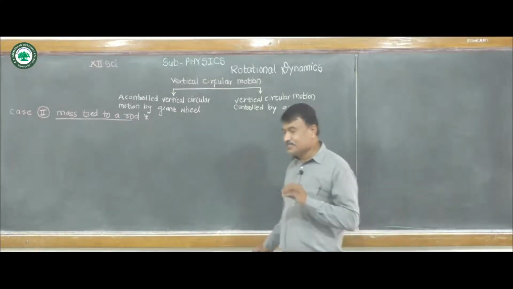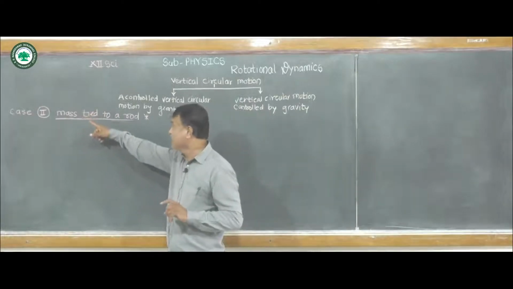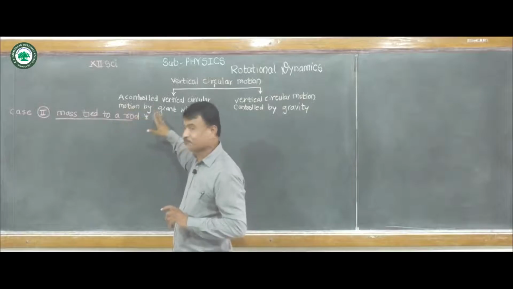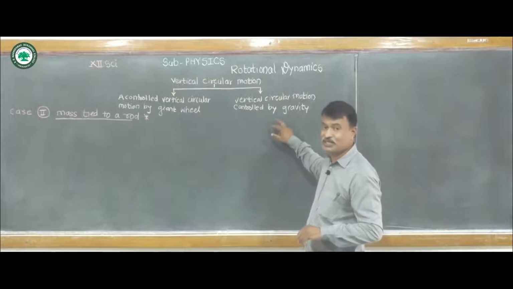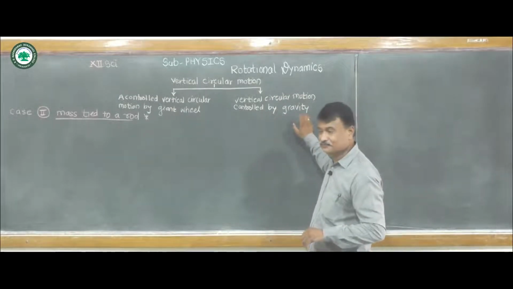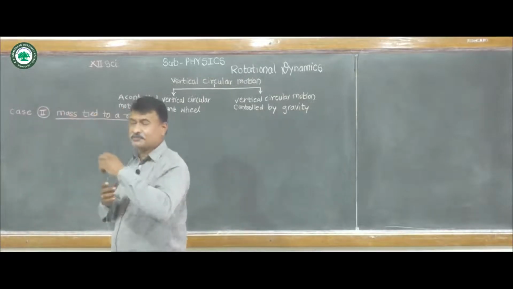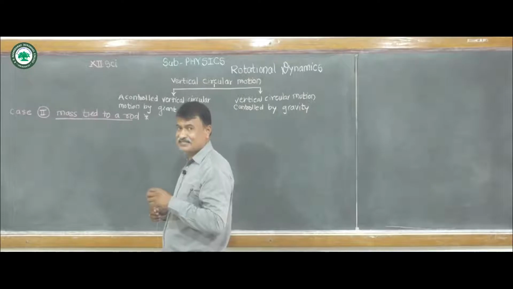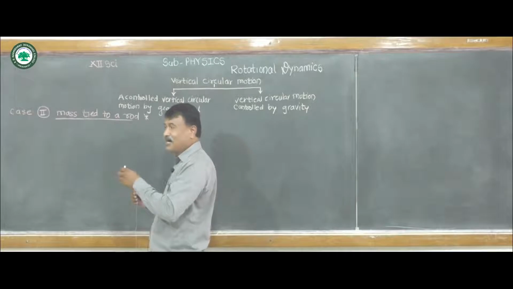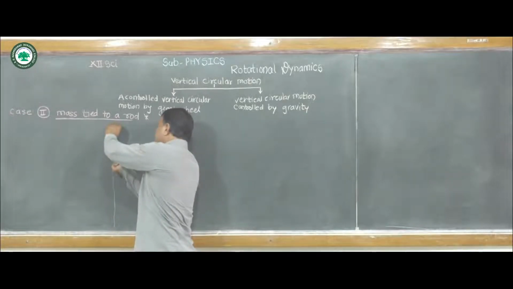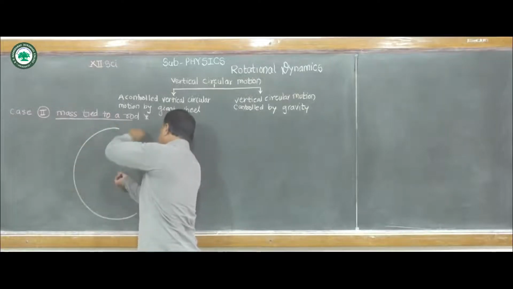Now instead of this string, in this lecture we have to study when this point mass is tied to the one end of the rod, and we have to study such type of vertical circular motion which is controlled by the gravity. For that purpose we consider a rigid rod which is massless. So one end of the rod is connected to the point mass, and this rod is whirled in a vertical circle, as like diagram shown.